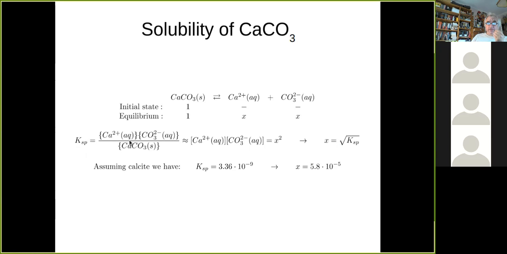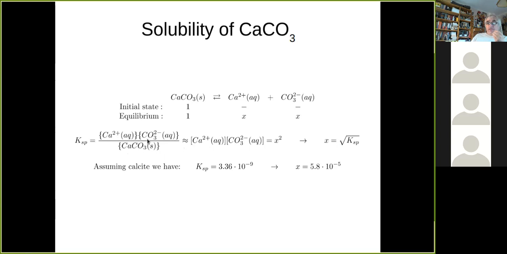We use the activity concept, and the activity of a solid compound is the same as a solid compound in standard state. So thus the unit doesn't change. For solutions, the activity is nearly like the value of the concentration, because the standard state of a concentration is a hypothetical solution with 1 mole per cubic decimeter.